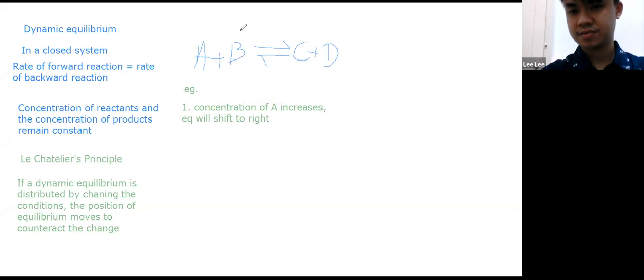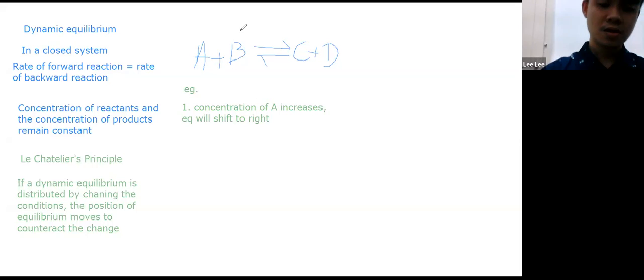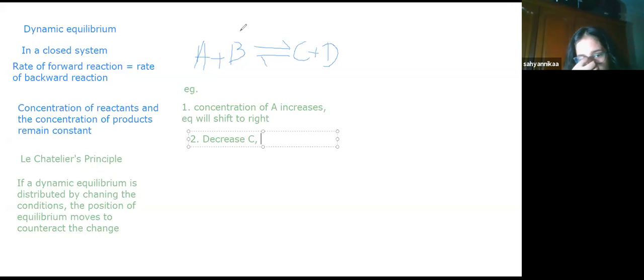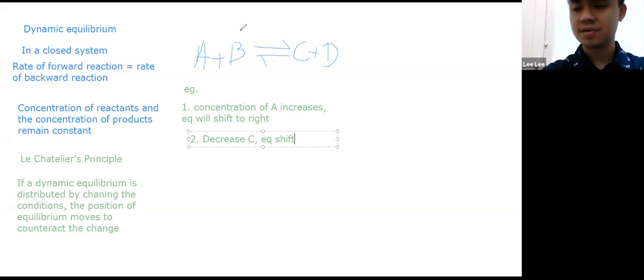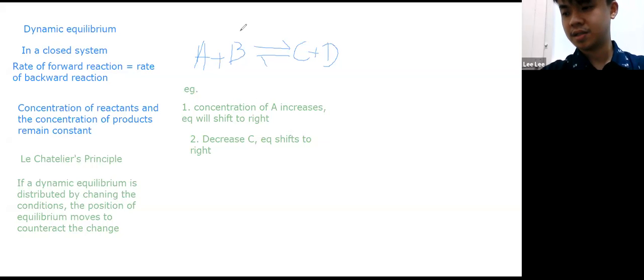Shift to the right, so it counteracts this. You understand? So if I decrease C, the equilibrium will shift to where? The equilibrium shifts to the right. I hope you really understand. That's what we discussed last week.